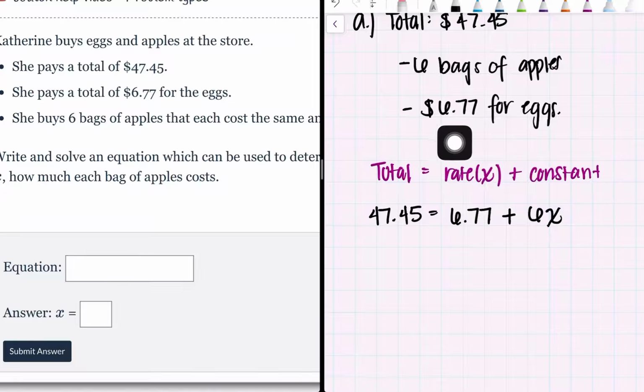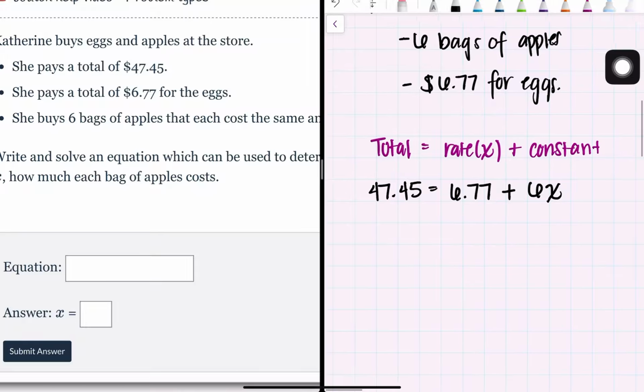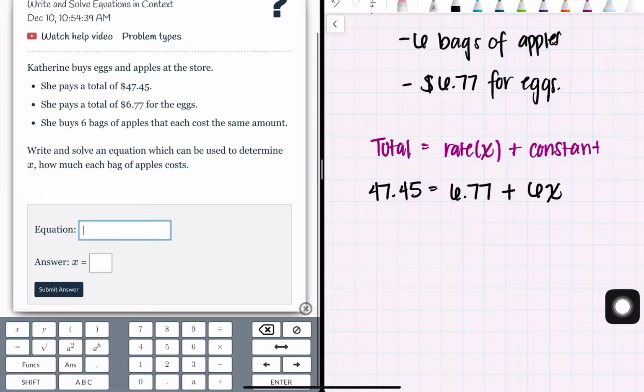So we already paid $6.77 for eggs. We just need to find out how much we paid for each bag of apples. So this here is our equation, that's my first answer. Let's type that in: 47.45 is equal to 6.77 plus 6x.